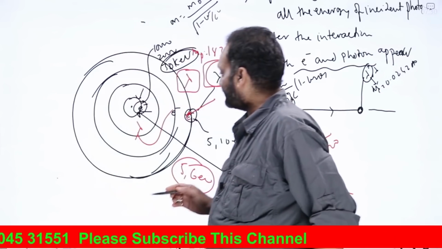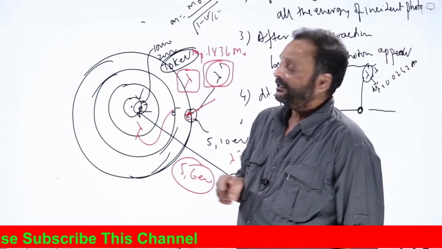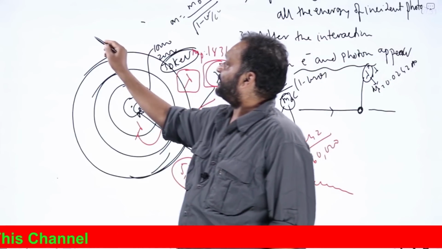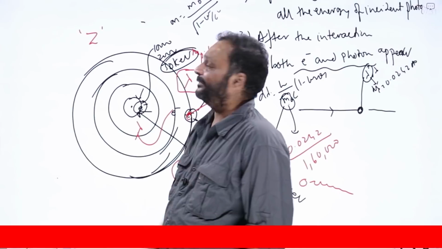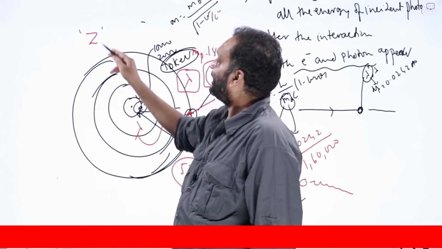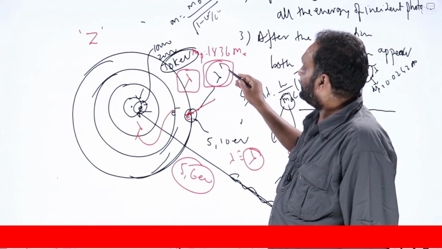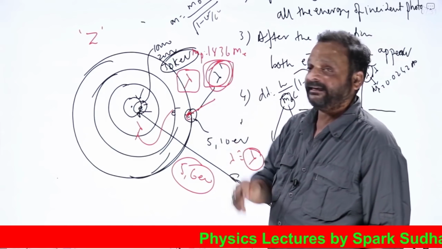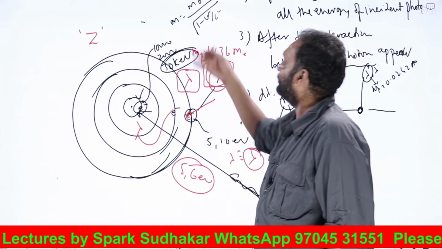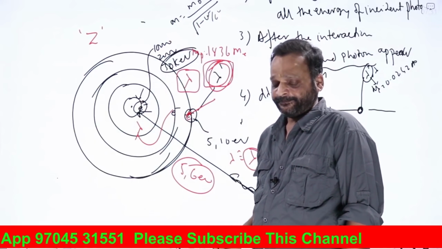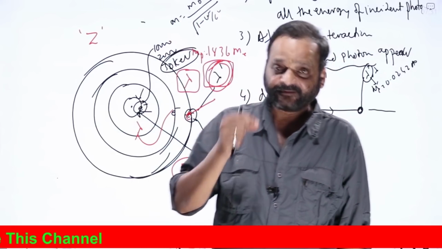Right, so a question can come like this: as the atomic number Z of the target element increases, what will happen? The intensity of lambda dash modified line decreases, the intensity of unmodified line increases. This is one point which you have to remember.